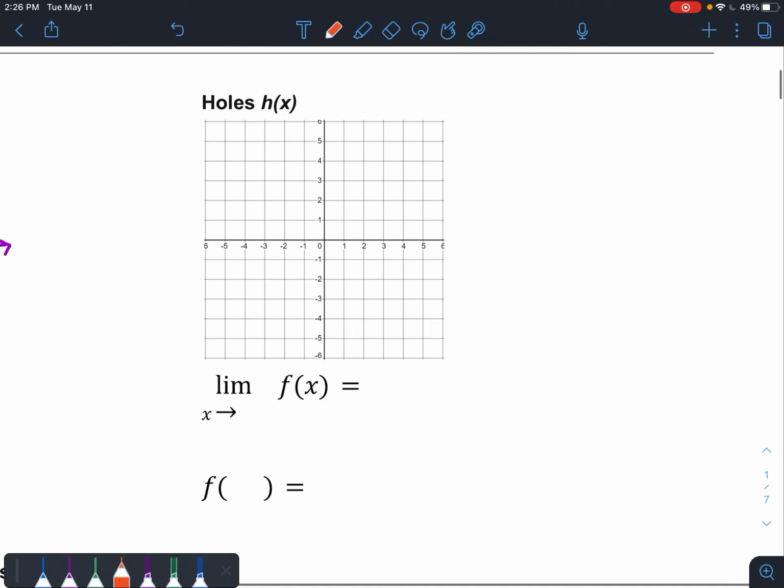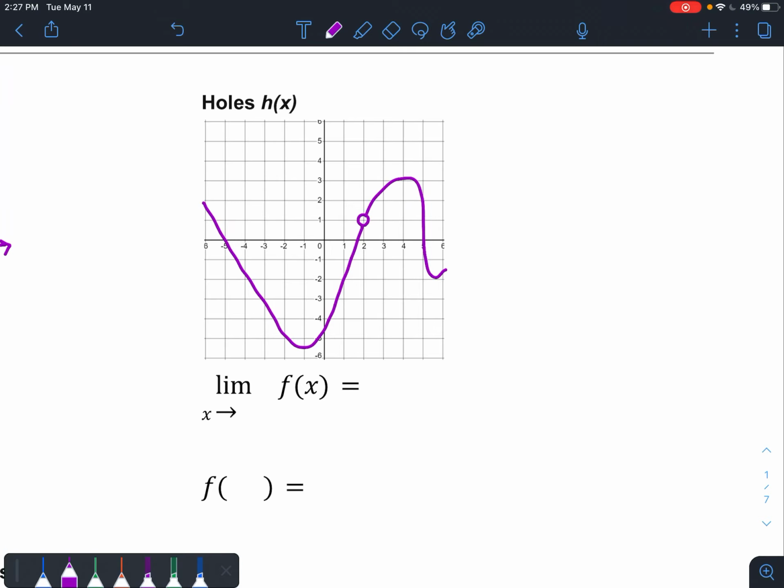Okay, then for holes, I'm going to have some kind of graph with a hole in it. We've seen holes before. My graph might look something like that.